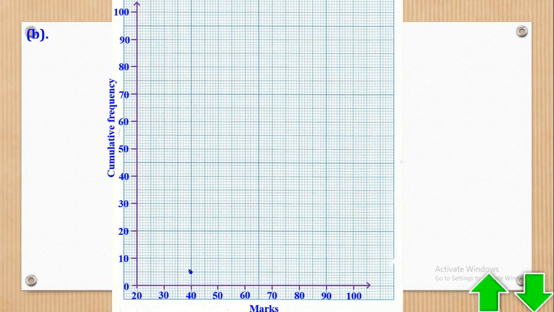So 40 is that, then 50 is that, 55 is that, 60 is that, 70, then 90, then 100 is that. Then from there we have to draw a reasonably smooth curve, and the curve must pass through all these points, and it has to be very smooth.